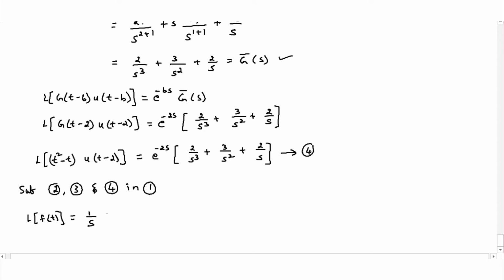Next is your equation number 3, which is e power of minus s divided by s square. Now equation number 4 that we have is e power of minus 2s times 2 by s cube plus 3 by s square plus 2 by s. That is the final solution. Let us move on to the next question.